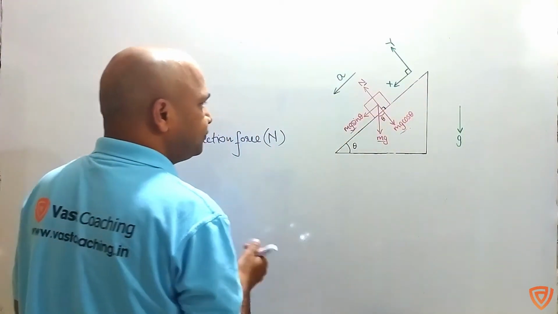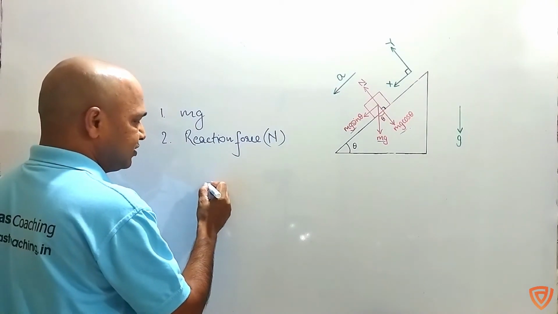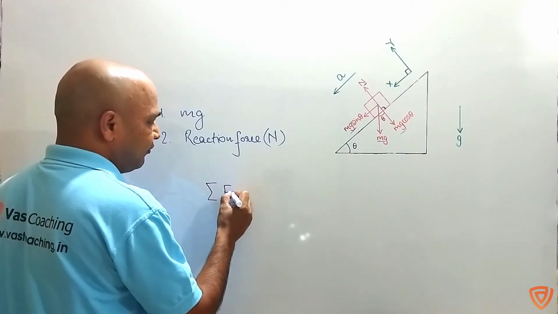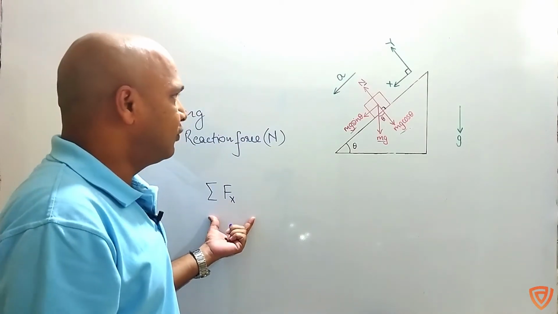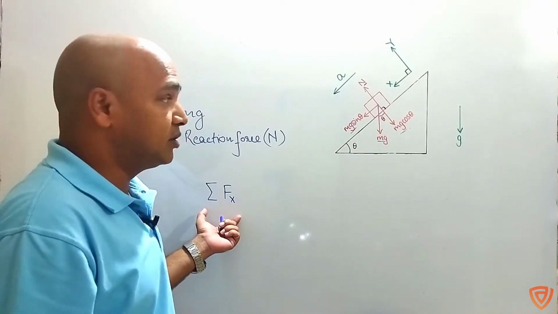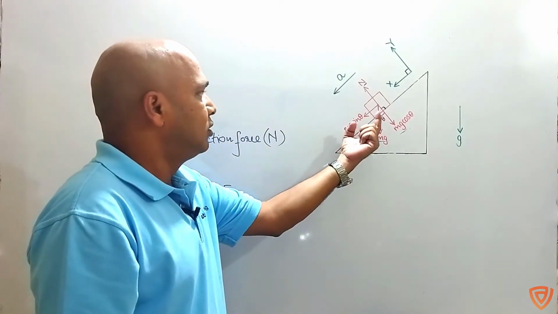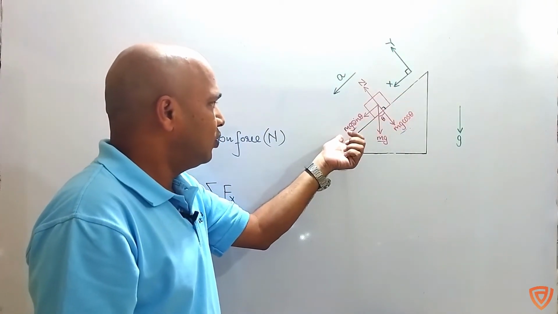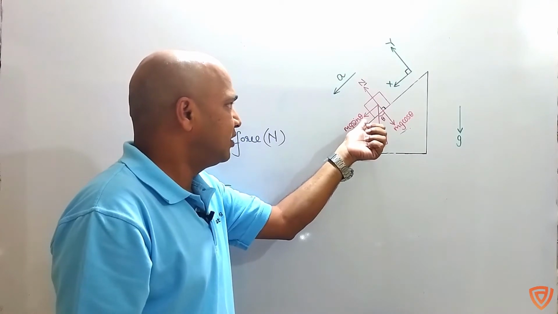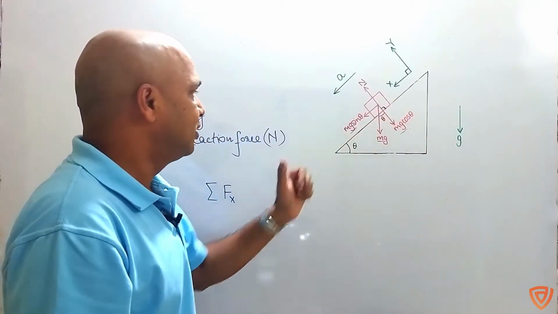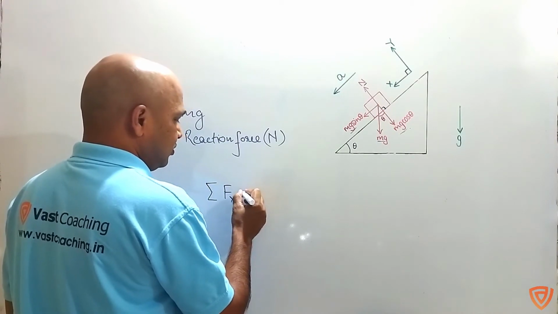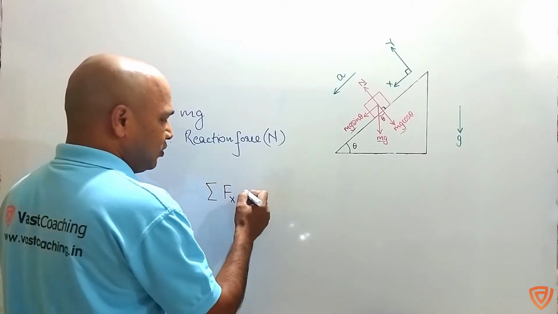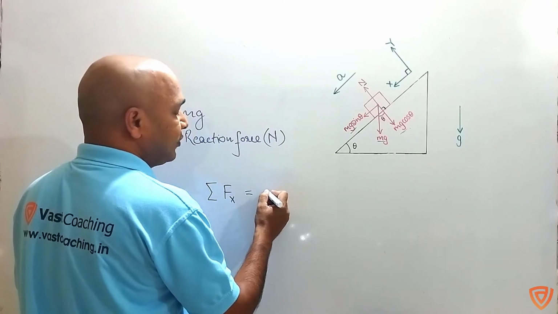In this case, if I say sigma Fx, meaning the summation of all the forces acting in the x direction, we can see the only force acting is mg sin theta, no other force is acting, right? So sigma Fx will be equal to m into a.